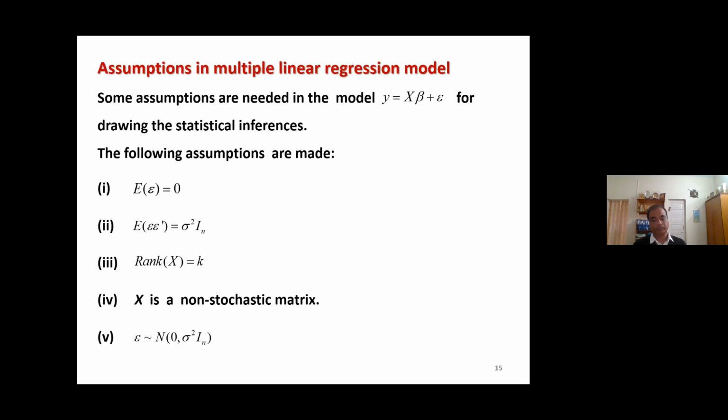And the next assumption is that the expected value of epsilon epsilon transpose is equal to sigma square I_n. Actually, that is only the covariance matrix of this random error. So you are assuming that the covariance matrix is in the form of sigma square into the identity matrix. In the identity matrix, you know that all the values on the diagonal are 1 and the off-diagonal elements are 0.